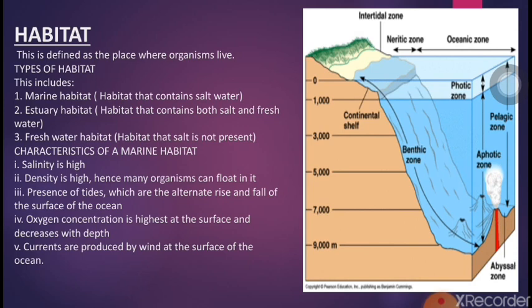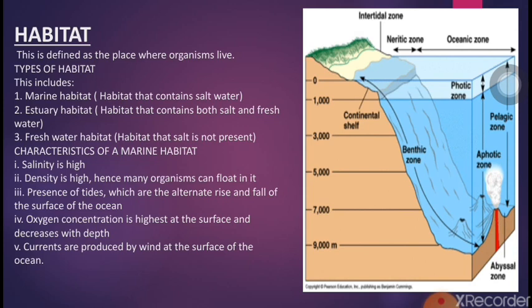Marine habitats are habitats that contain salt water. Estuary contains both salt and fresh water, while freshwater, as it is called, has little or no presence of salt. If we look at the picture here, we have different zones in the marine habitat, the benthic zone and the littoral zone.